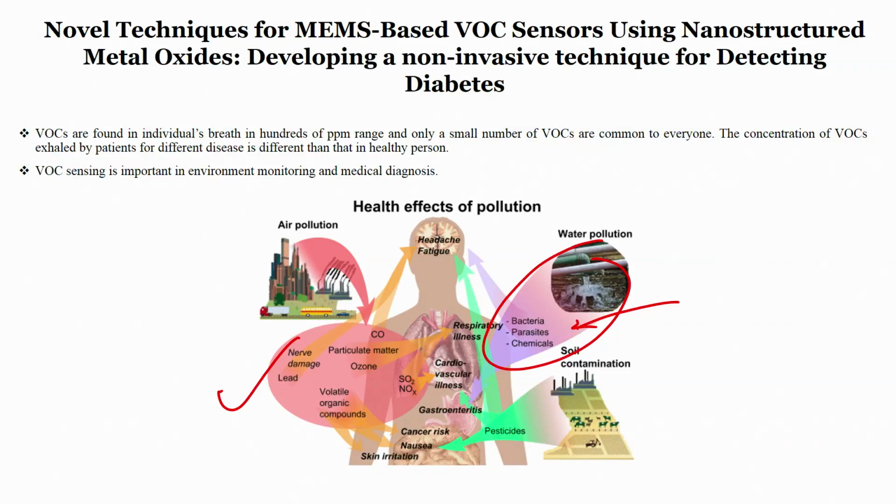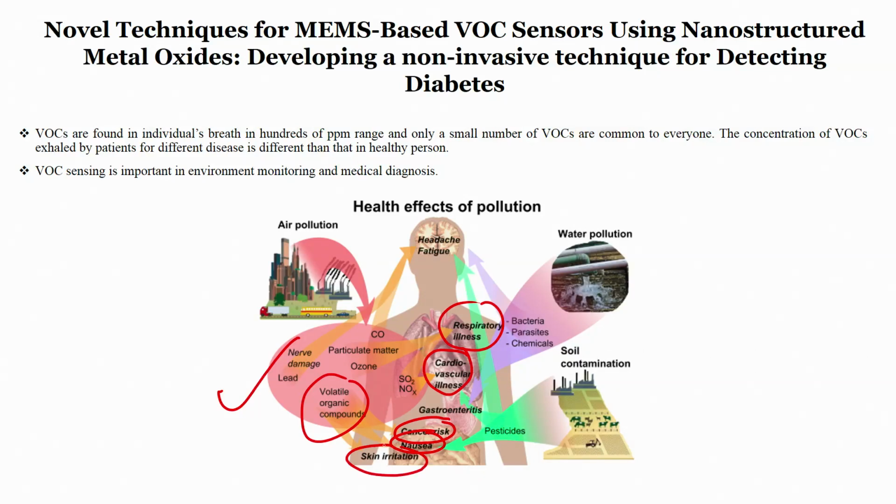And what does VOC affect, which kind of organs? You see, respiratory illness, it causes cardiovascular illness, and that is not just VOCs but total air pollution. But if you just talk about VOCs, it causes cancer risk, nausea, skin irritation. These cases are harmful.